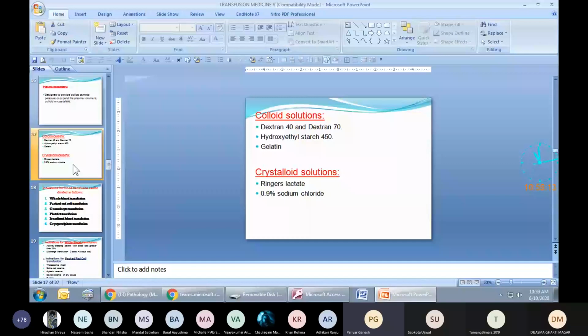Okay, any questions? Ma'am, if the stored blood is not used within 5 weeks, should it be thrown away, or is there any other alternative? Usually blood will be used because there is a lot of demand.